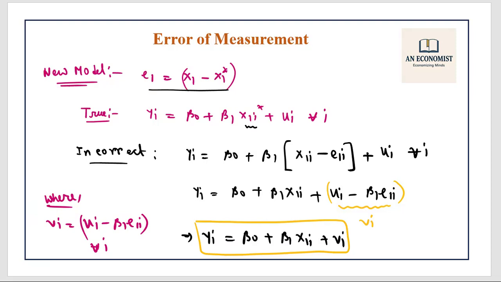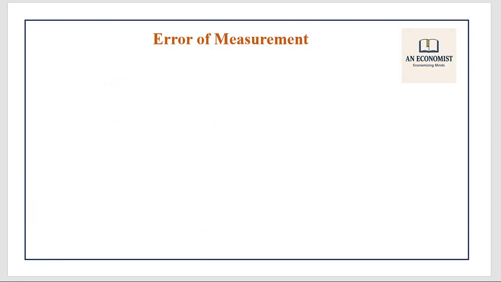Now, if we know this fact, then we can find out whether x1 is still exogenous or not in this particular model. In this erroneous model, what will be the position of x? So, covariance of x1i, vi. If it is 0, then we will say that yes, x1 is still exogenous in nature; otherwise we will say the endogeneity problem arises.